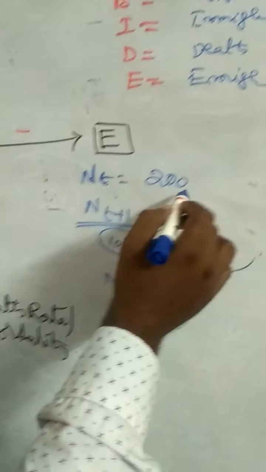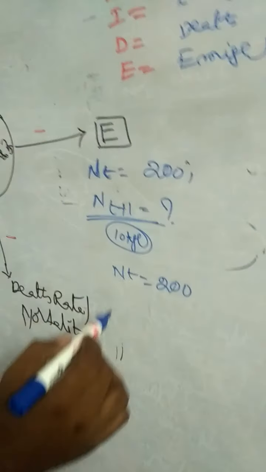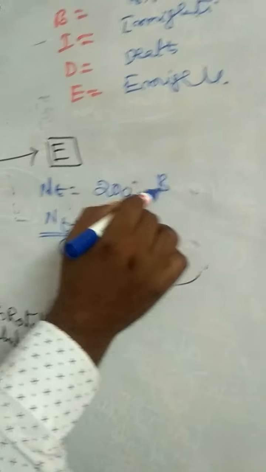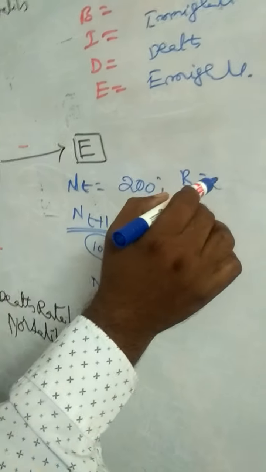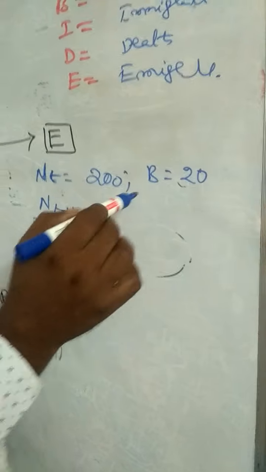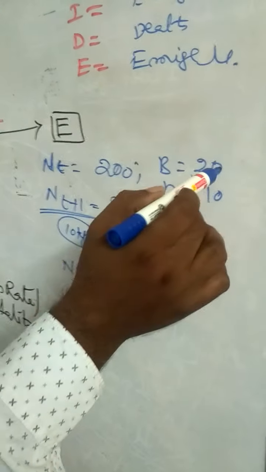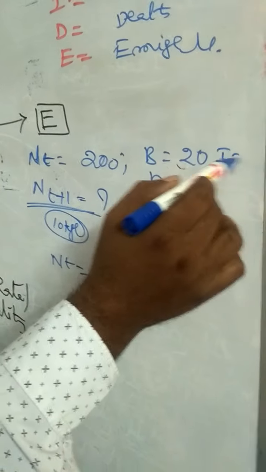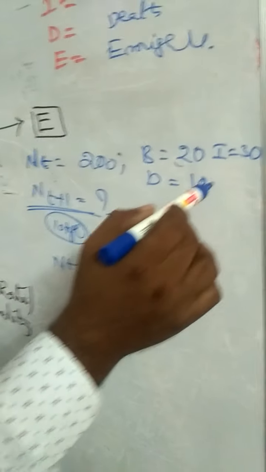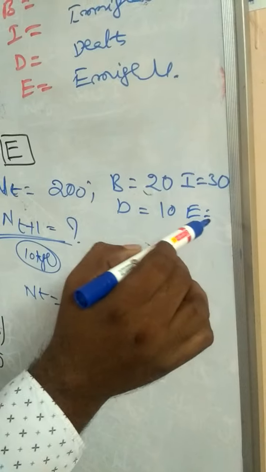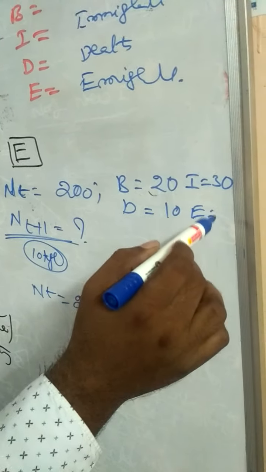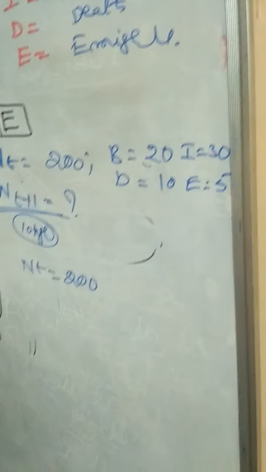Birth rate is equal to 20. Death rate is equal to 10. Immigration is equal to 30. Emigration is equal to 5.